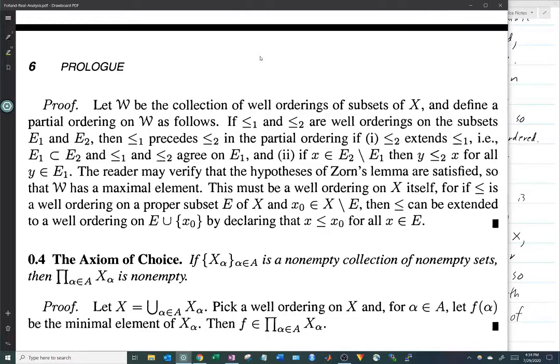So this is how we're choosing the alpha coordinate of F, and we choose it to be the minimal element of X alpha. Remember, X alpha is a subset of X, and with it being a subset of X, it has a minimal element, because that's what it means for X to have a well-ordering. So then this F is an element of the direct product.